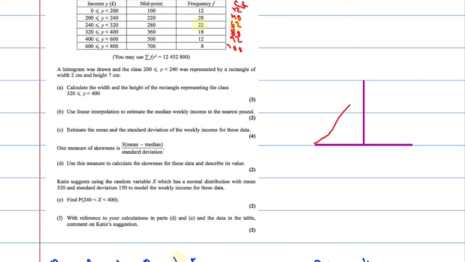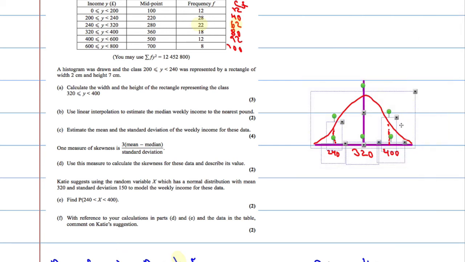It's normally distributed, so something like this. Not the best sketch in the world, but however. It tells us that the mean is 320 and that the standard deviation is 150, and we're also trying to work out the probability that it's between 240 and 400. So 400 and 240, like so.